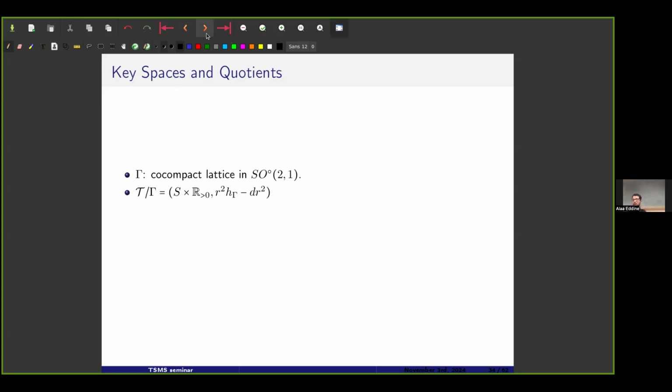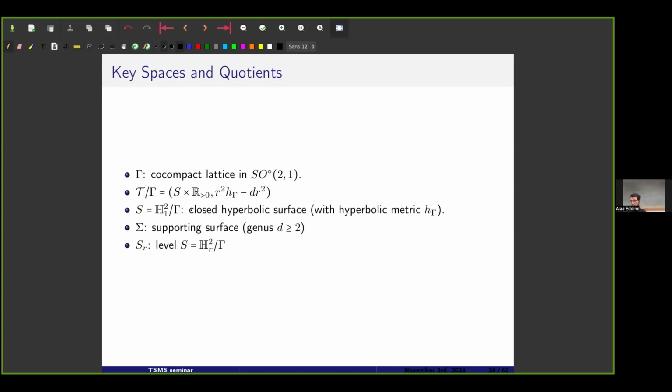So in this case we have a space-like embedding, but we have more than that: an isometric embedding of a hyperbolic metric on sigma. Sigma is just the topological surface, with pi1 isomorphic to gamma.